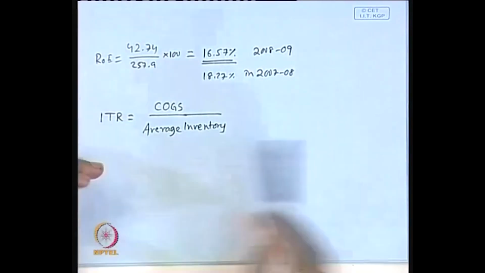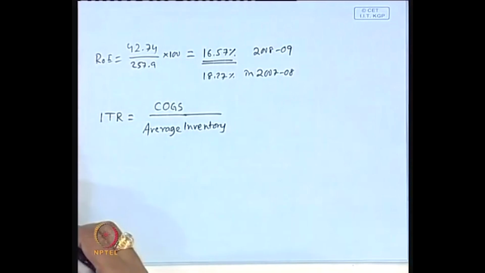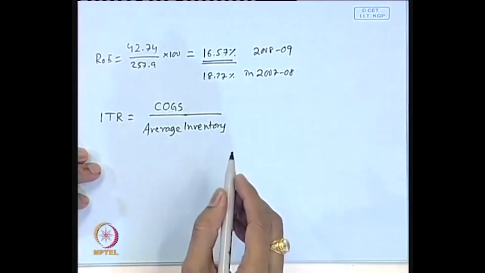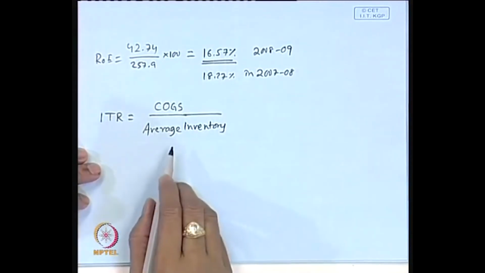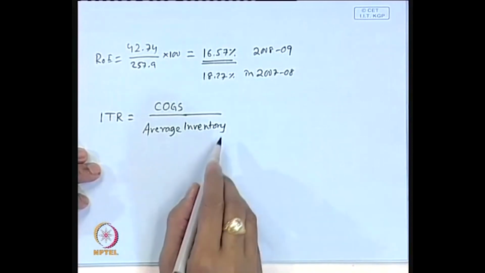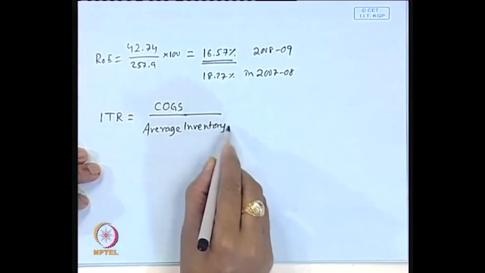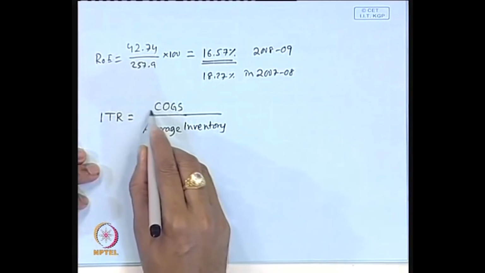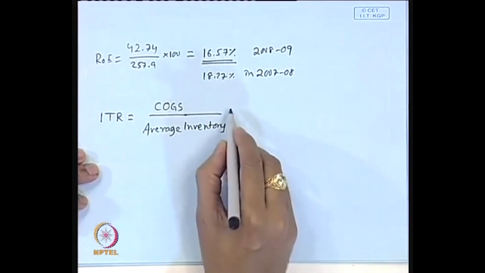If for any reason opening stock figures are not there, then closing stock can be taken as the average inventory. So, this talks about how efficiently this inventory has been utilized to generate sales in terms of cost of goods sold.